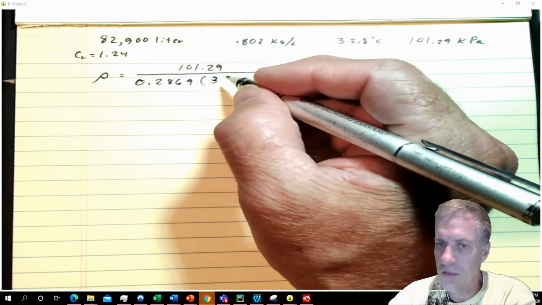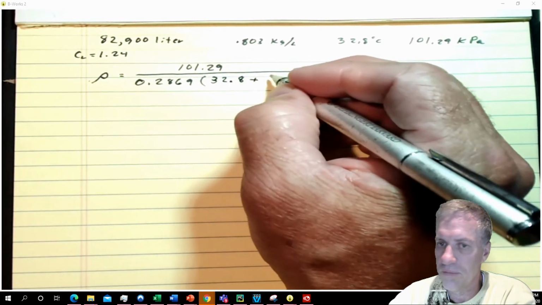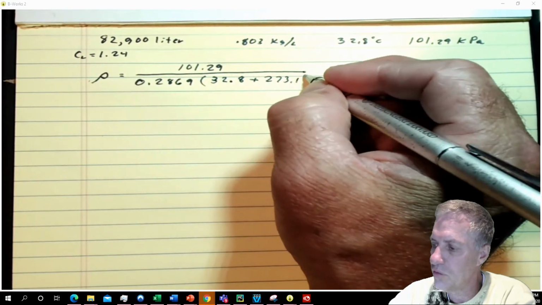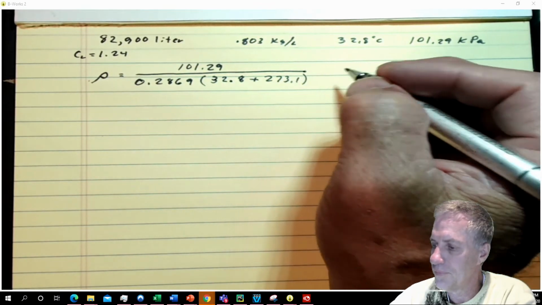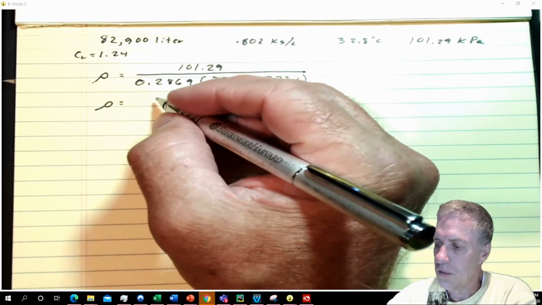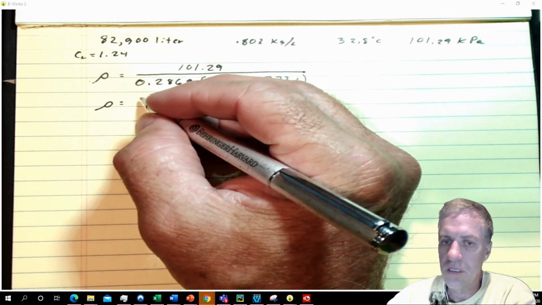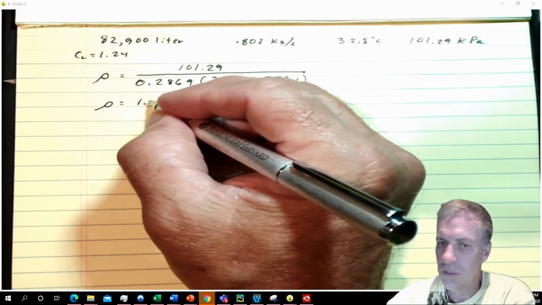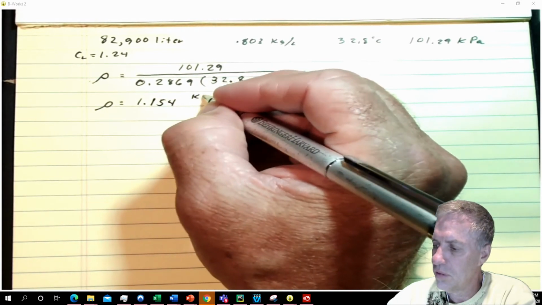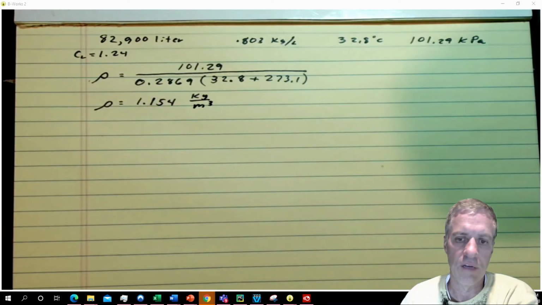In my math classes, I make them do the cross-canceling, but for our purposes here, I'm not going to require that. 273.1. Okay, so our air density comes out to 1.154 kilograms per meters cubed, rounded off.